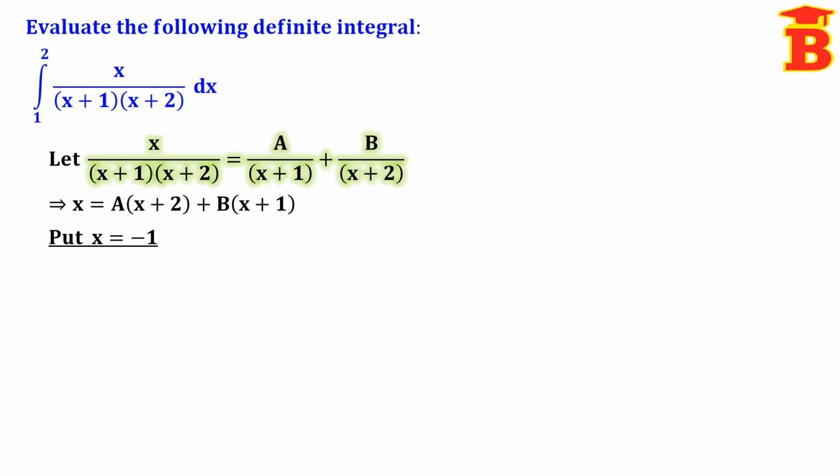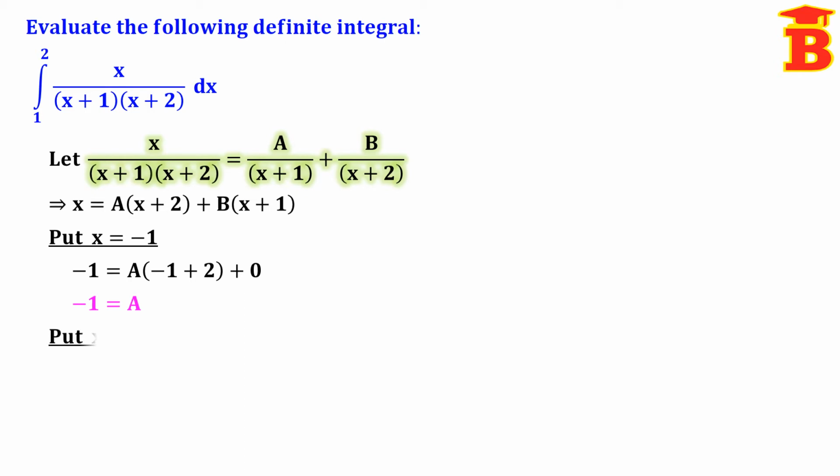Now put x is equal to minus 1. So left side minus 1 equal to a into x value minus 1 plus 2 plus this term is 0 because minus 1 plus 1 is 0, 0 into anything 0. So this is minus 1 equal to a.